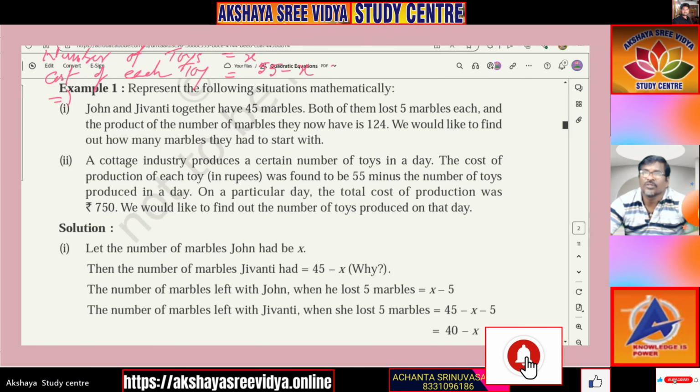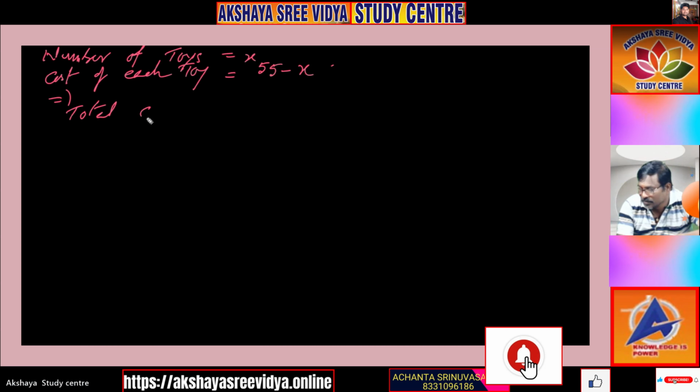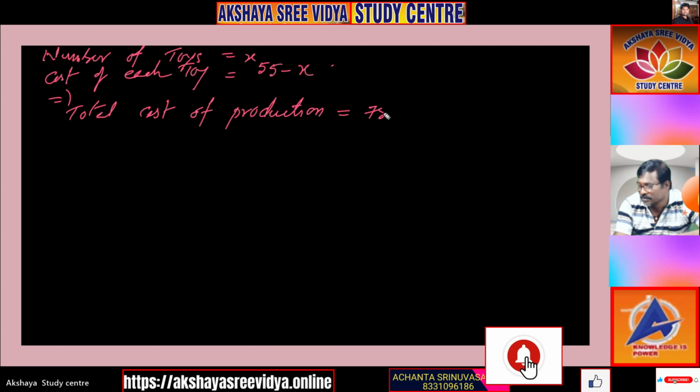The total cost of production was 750 rupees. Total cost of production is 750.